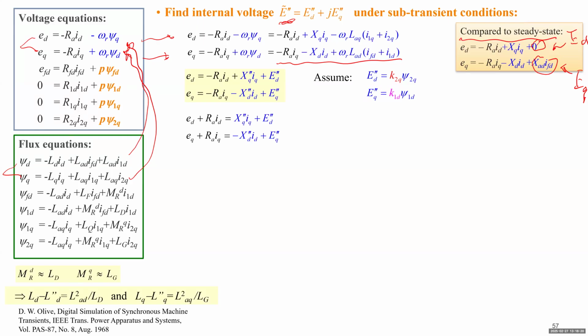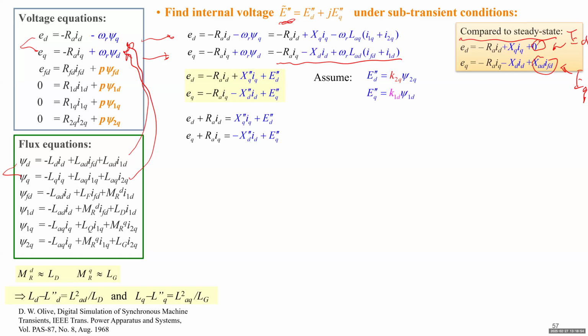The voltage is induced by flux linkage, meaning you take the first-order derivative of flux linkage to get voltage. That makes voltage always orthogonal to the flux linkage. So if you want to find ED in the D axis, you have to use the flux linkage in the Q axis, which is the faster one. That has to be psi 2q. And they can't have exactly the same number because they are based on different units, so you have to put in some coefficient here.